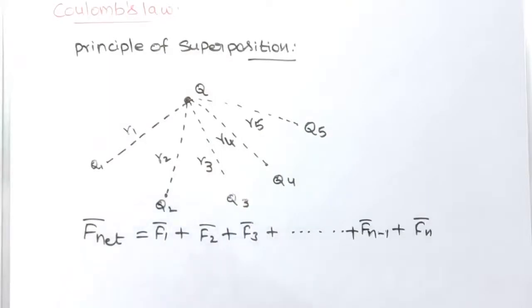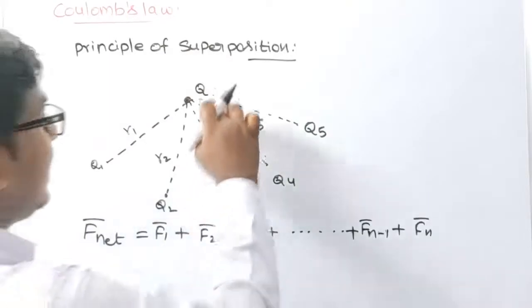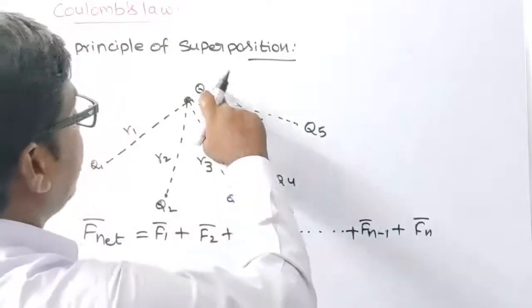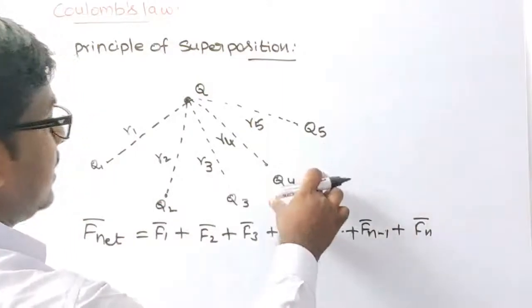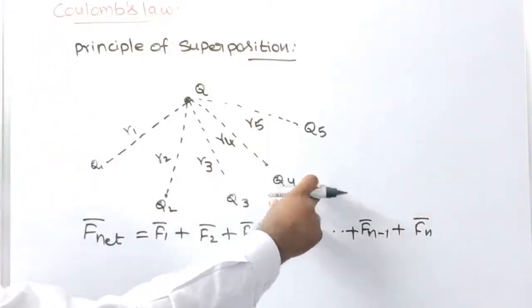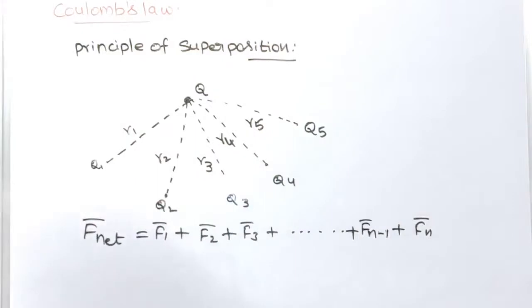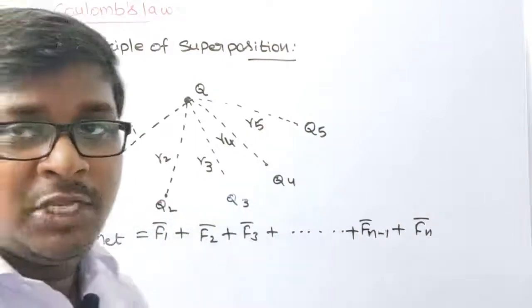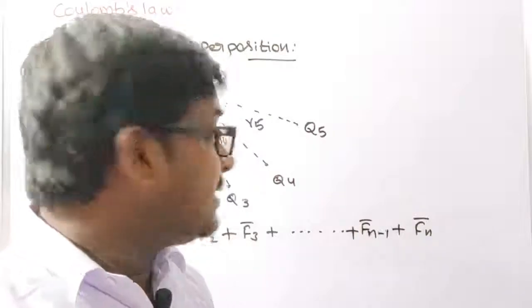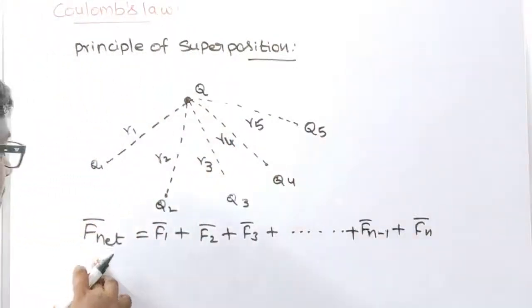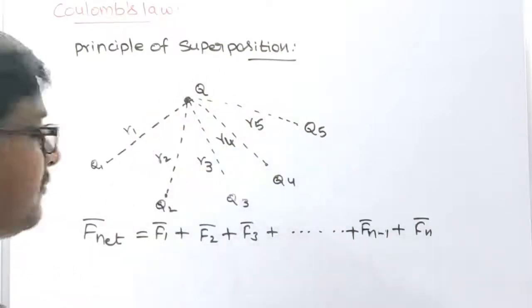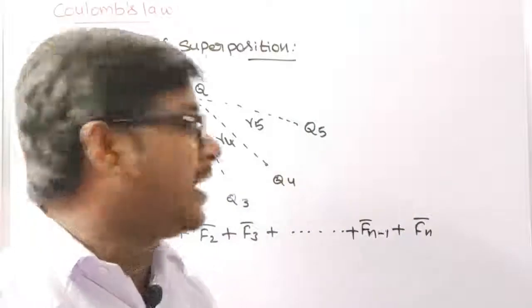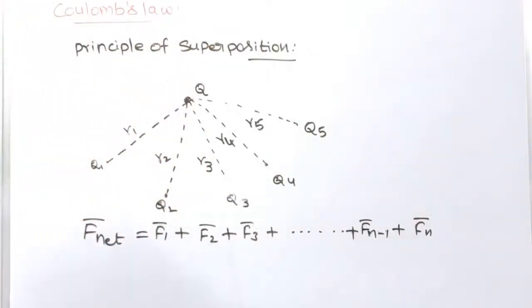The total force acting on a given charge q, due to the number of charges, is the vector sum of the individual forces. This is the principle of superposition.